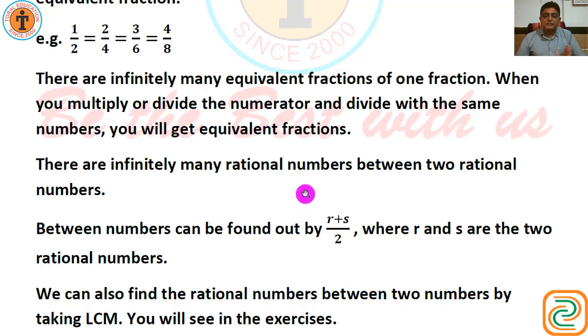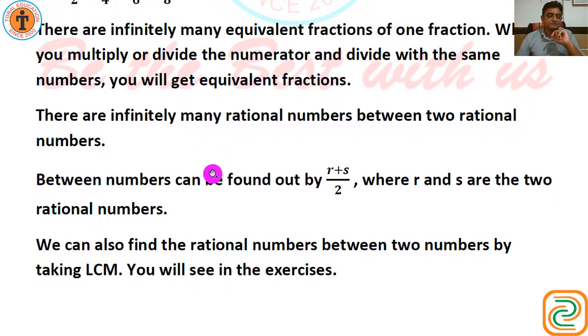For example, 1 upon 2 and 3 upon 4 are rational numbers. Then 1 upon 2 is called r and 3 upon 4 is called s. This is the formula to find a rational number between two rational numbers.